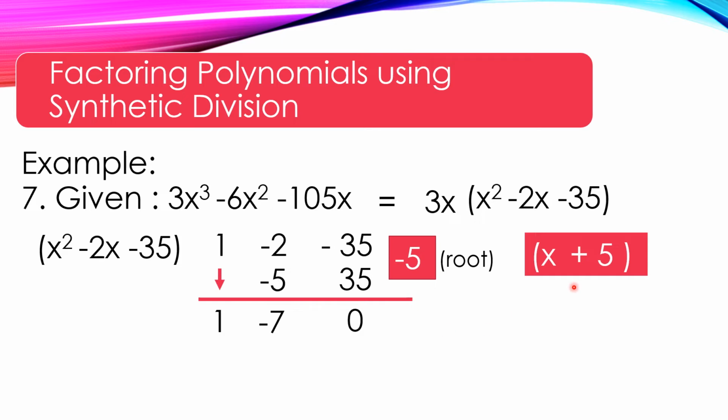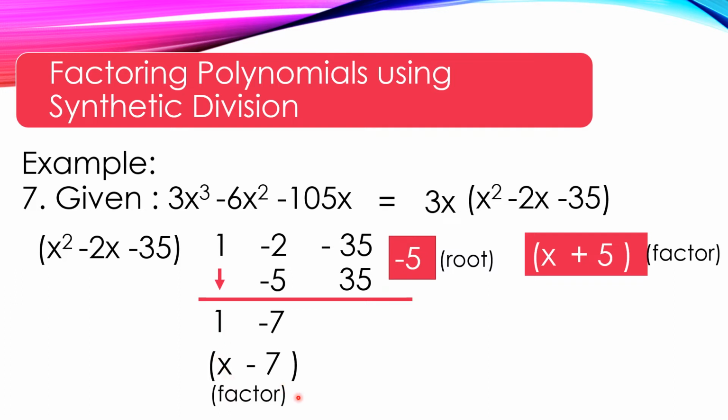Hence, one of the factors is x plus 5. Then, since there are two remaining numbers on the bottom row, we can express this as a linear factor. Just put a variable on the first term, so we have x minus 7.